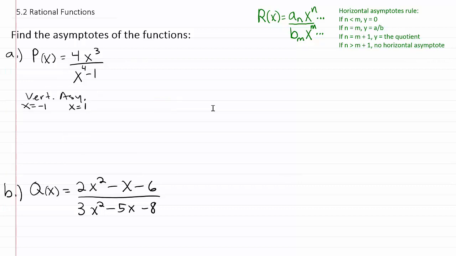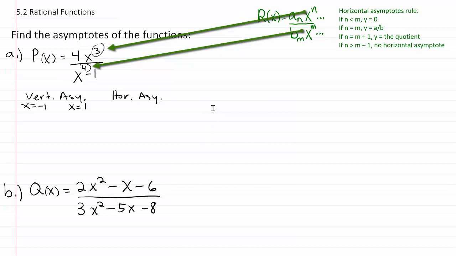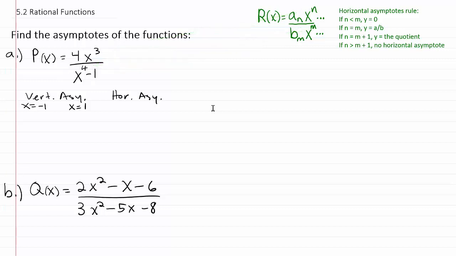Now, for the horizontal asymptotes, we have to follow a simple rule, which can be found over here in green. We're going to look at the degrees of the numerator and the denominator's polynomial. If the degree on the top of the function is smaller than the degree on the bottom, we're dealing with the first case, where n is less than m.